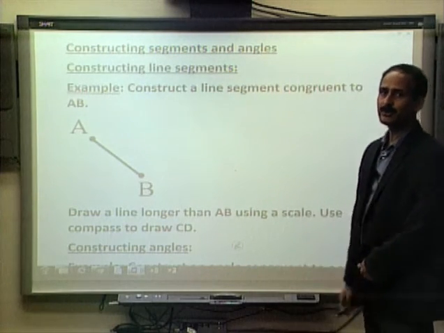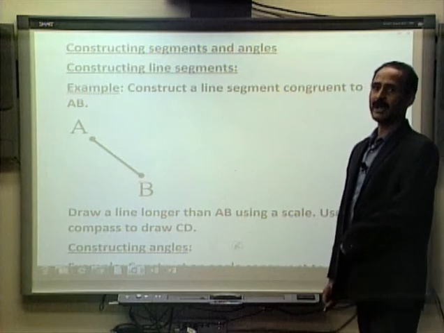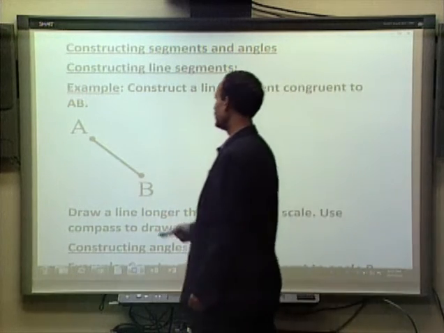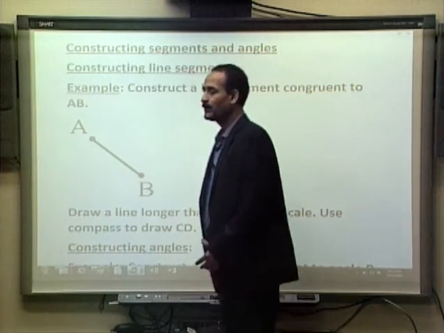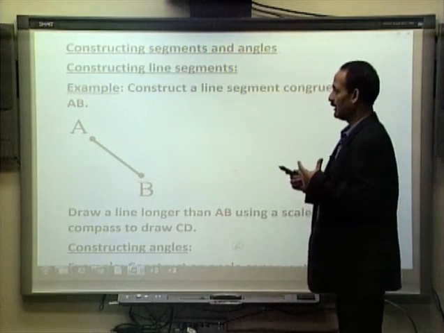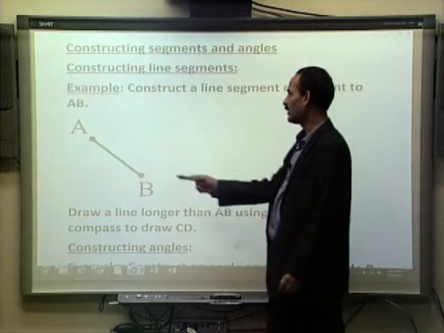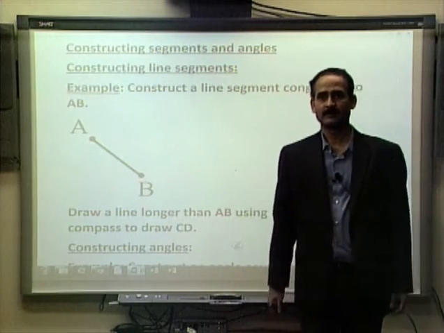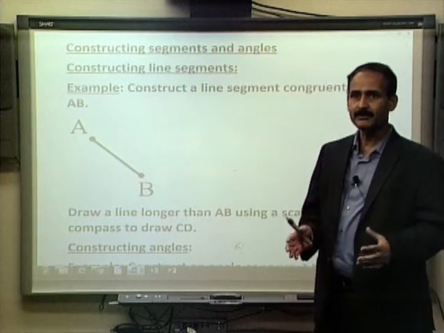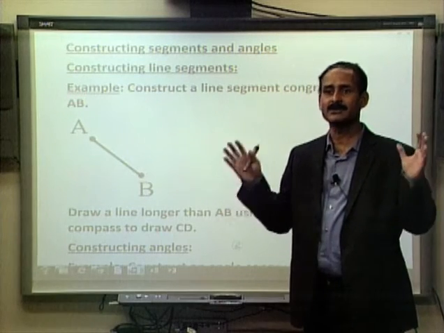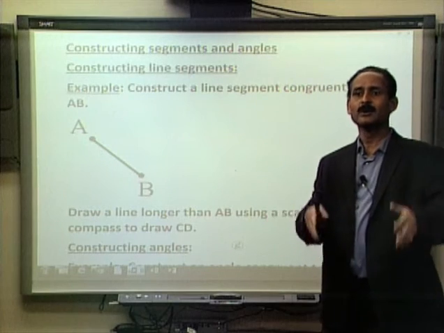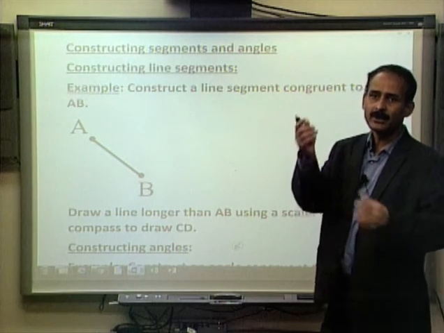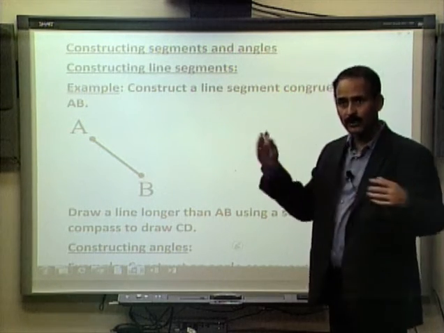Let us say we want to construct a line segment congruent to a given line segment. Suppose AB is a given line segment, we want to construct another line which is congruent to AB. Two lines are congruent if they have the same length. So, basically we are trying to construct another line whose length is the same as AB.